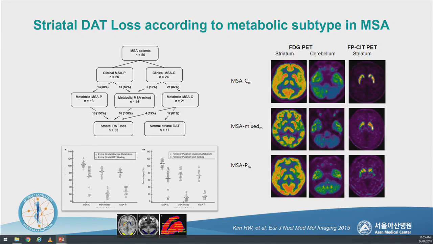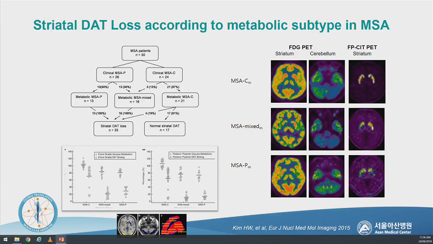MSA is one of the most common atypical Parkinsonisms, and usually they show an abnormal striatal uptake binding pattern. But sometimes we can experience that clinically typical MSA, especially the cerebellar type, shows normal striatal binding or subtle abnormality.